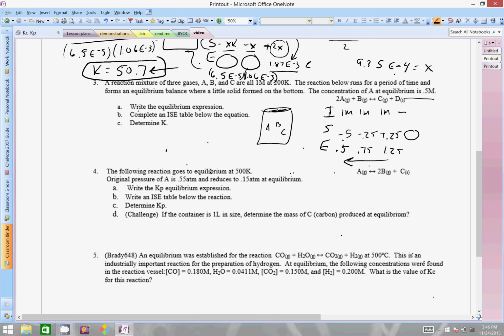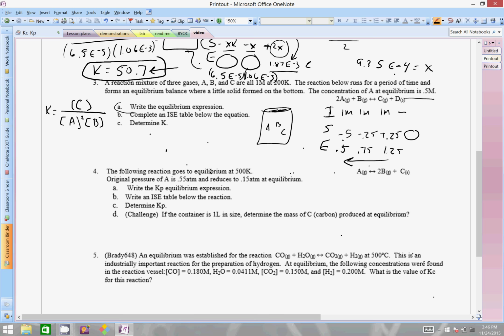It wants us to write an equilibrium expression, so K equals the concentration of C over the concentration of A squared times the concentration of B. Complete the ICE table, I did that. Determine K. Let's do this.